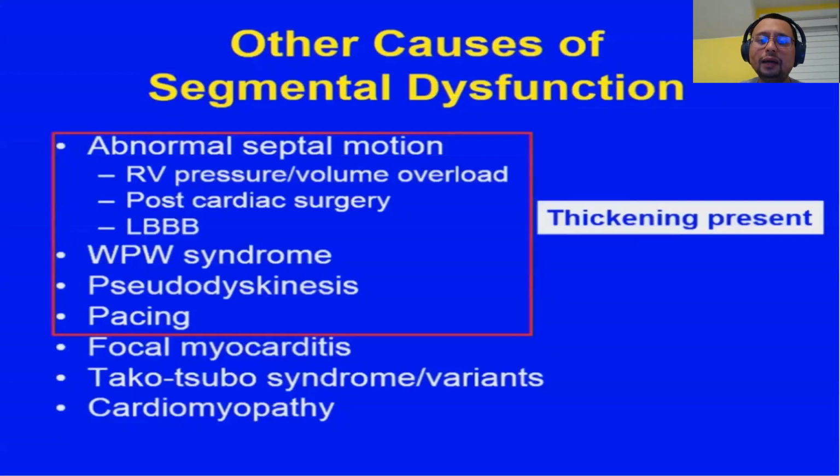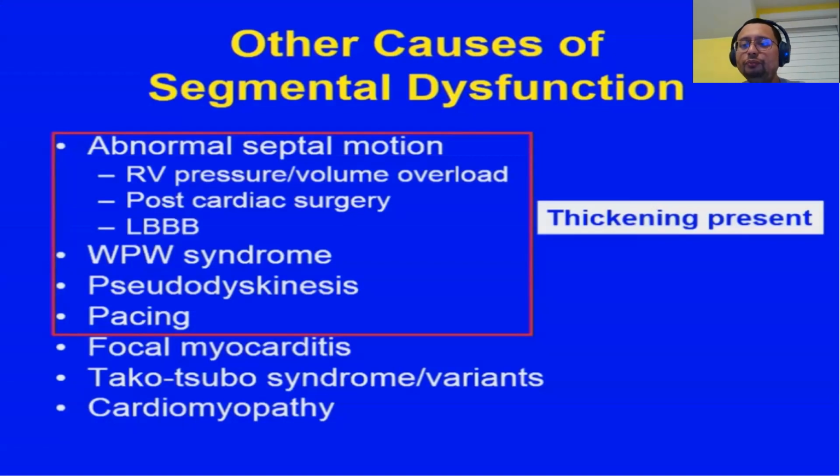Remember that not all hypokinesia that you see is because of coronary artery disease. Some abnormal movement can be because of other things. For example, you can have abnormal septal motion because of pressure and volume overload, post-cardiac surgery, or in patients with left bundle branch block, where you can see the septal flash and the apical rocking. You can also see regional wall motion abnormalities in patients who have a pacemaker.